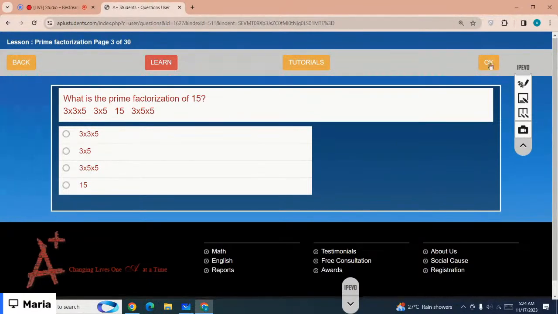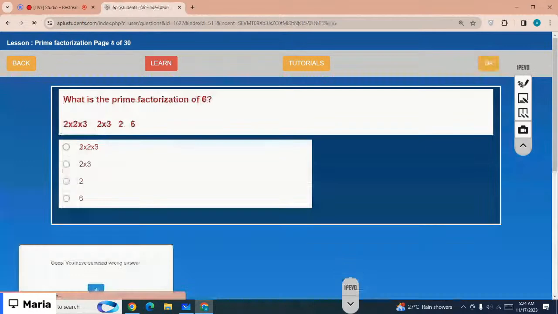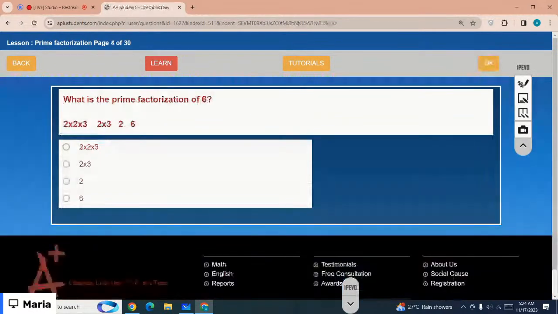This option is not the correct one because when you multiply them, they make 45, not 15. Just look at the second option, 3 times 5 makes 15 and both 3 and 5 are prime numbers, right? So the correct option is 3 times 5. Got it? That's how you check if you are given options. Yes, that is 3 times 5. Good.